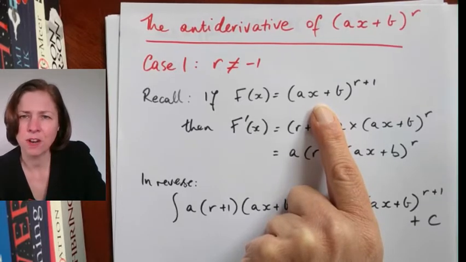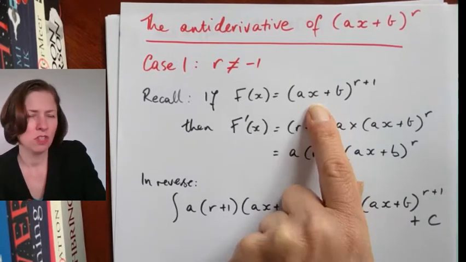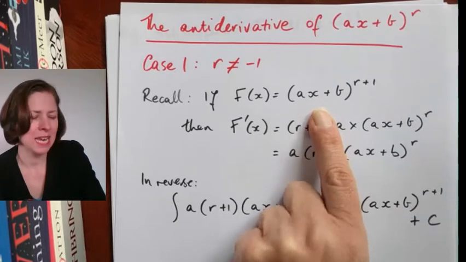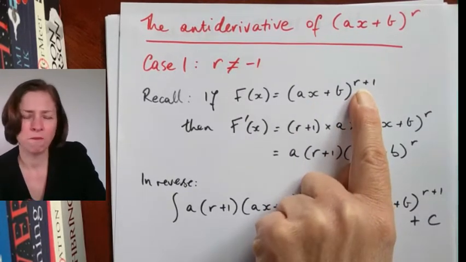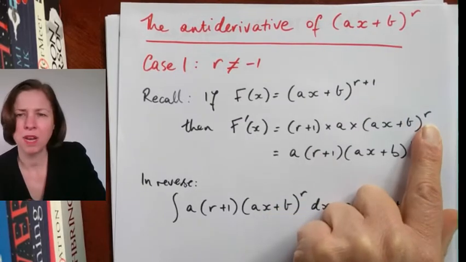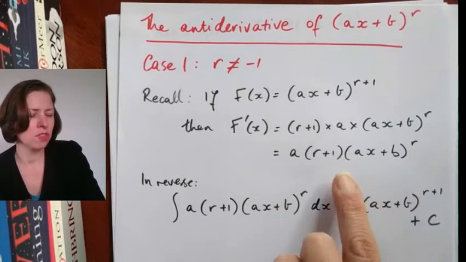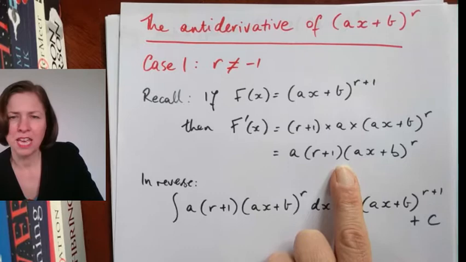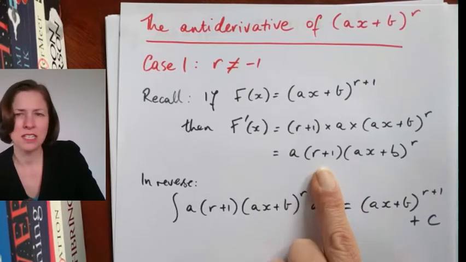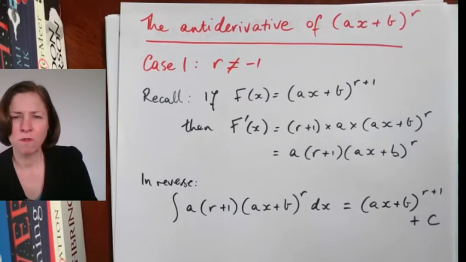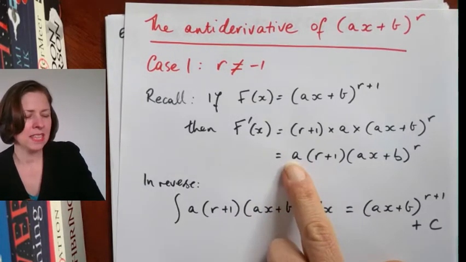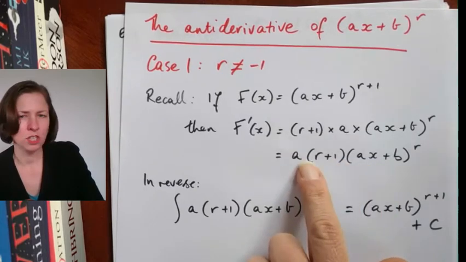It's a linear function raised to a power. So the derivative of ax plus b is a. And then I need to subtract 1 from my power. So r plus 1 becomes r. So the derivative, capital F dash of x, is a times r plus 1 times ax plus b to the power of r.